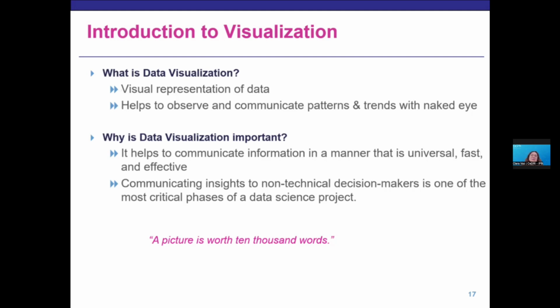Using plots is a good way to inform the insights of the data in a universal and effective way, and visualization of data is very effective in communicating the insights. Okay.